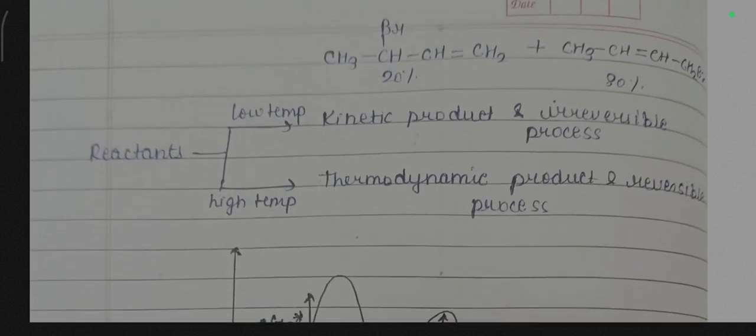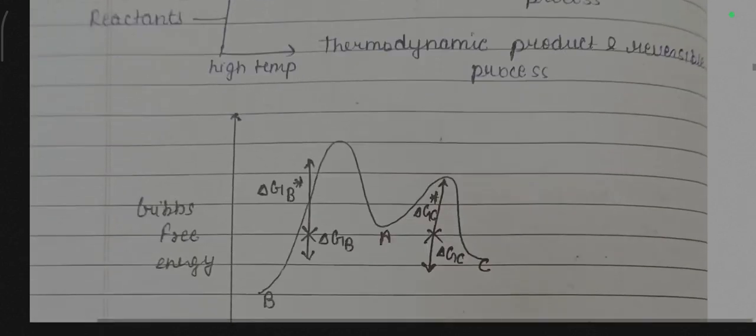Reactions at low temperature give the kinetic product and are irreversible processes. At high temperature, the thermodynamic product forms and reversible processes take place.